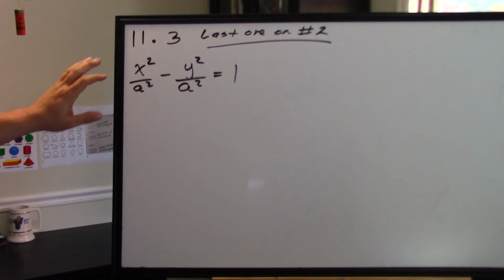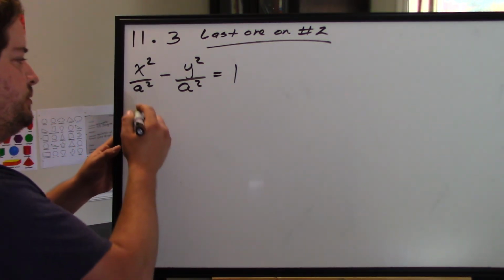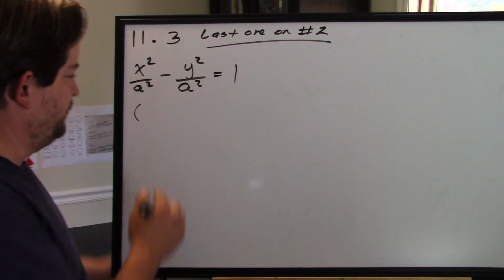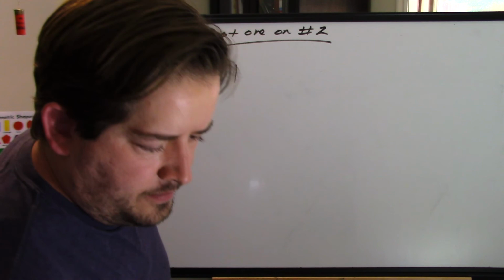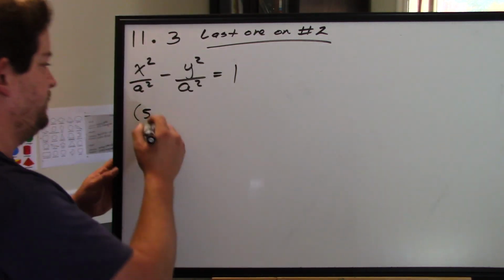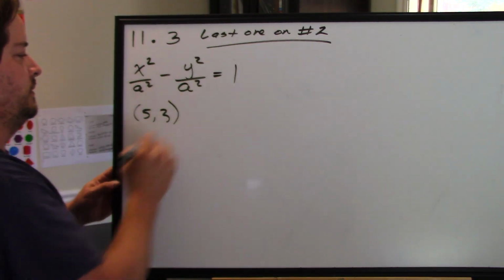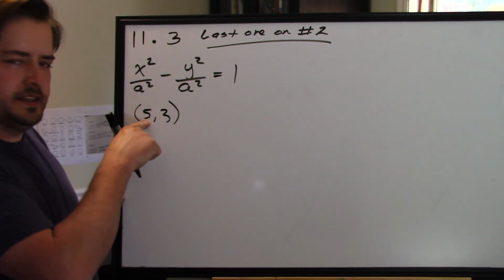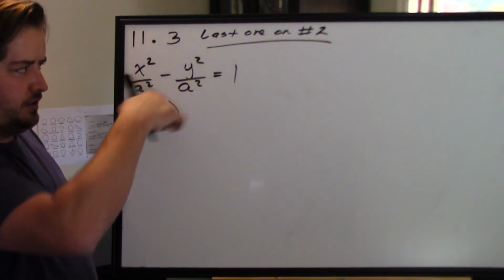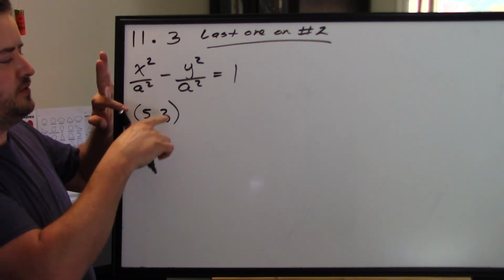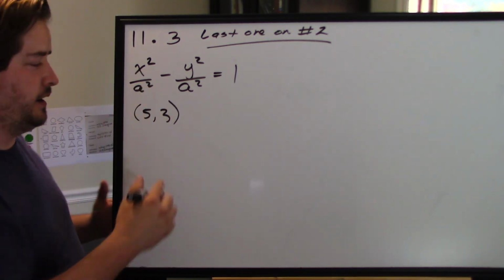Alright. So I know this. I've used what I have so far to figure this out, but I also can use the fact that I went through the point 5, 3. That means x is 5 when y is 3, so I can plug those values in, and the only thing that I would not know once I've plugged 5 and 3 in is a, and I can figure that out.